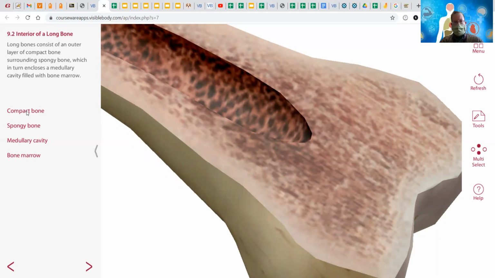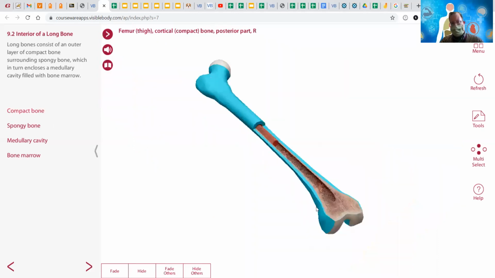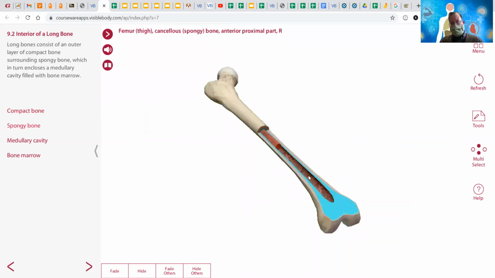That's going to be compact bone. And then the spongy bone is going to be the deeper layer. Now, if we're at the end of a bone, we see a lot more spongy bone than we would see in the shaft, or what we consider to be the diaphysis of a bone. Okay, so know your layers, superficial to deep. Superficial is going to be the periosteum, and then the compact bone, and then the spongy bone.